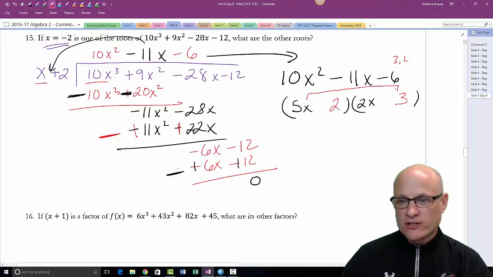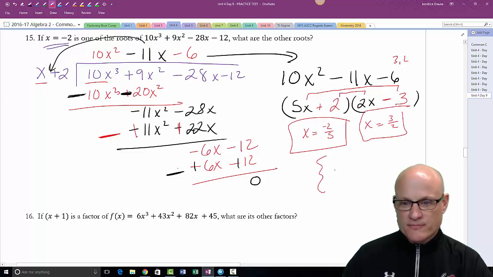Let's see. That's 15 and 4. There it is. Minus 15 and plus 4. So my answers are x equals negative 2/5 and x equals positive 3/2.